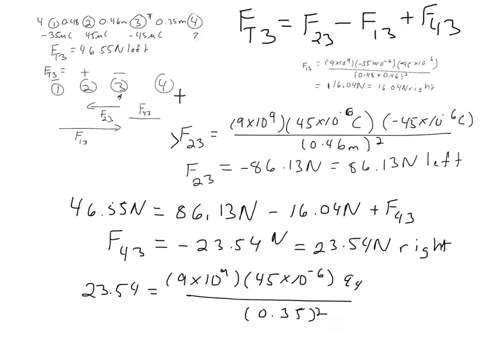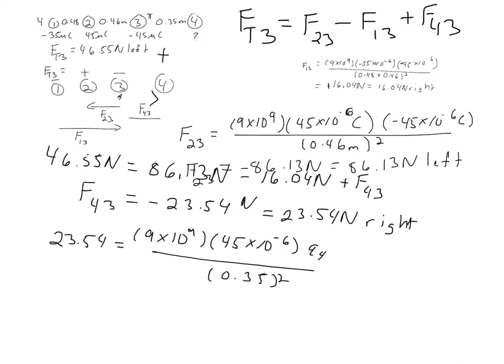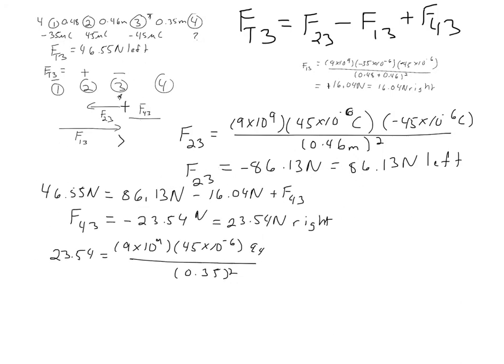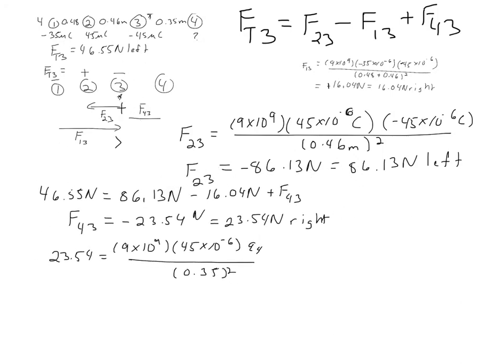And we do that math, we get Q4 equals 7.12 times 10 to the negative 6 coulombs, or 7.12 microcoulombs.